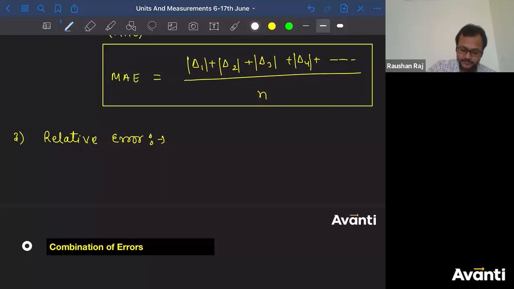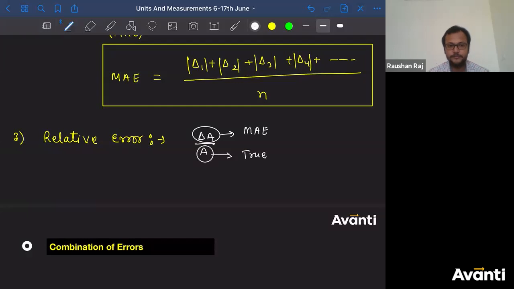तो relative error is defined as delta A by A. ठीक है? What is delta A, बच्चा लोग? If you're going to measure it multiple times, delta A is the mean absolute error. What is A, बच्चा लोग? A is the true value.